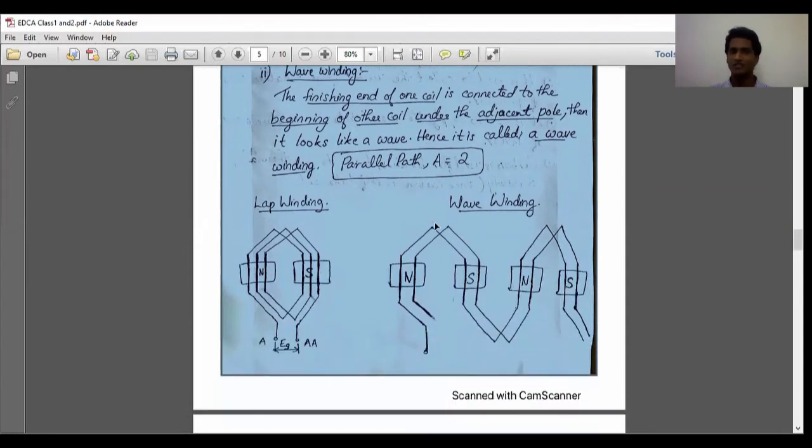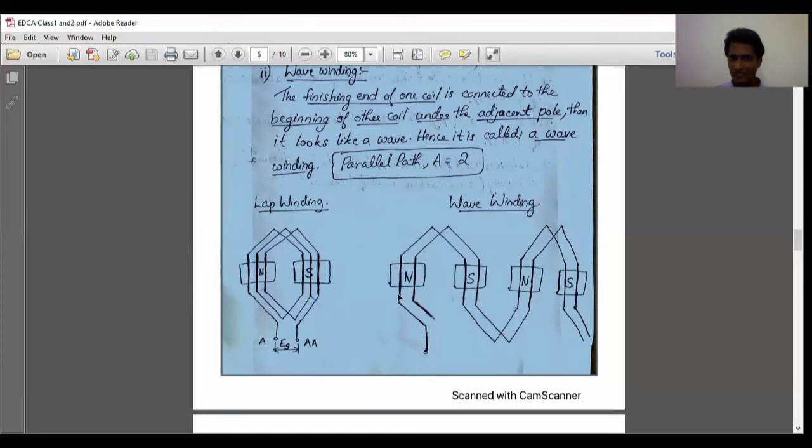Let's have a look at it. Consider a 4-pole machine: north pole, south pole, north pole, south pole. Consider a coil. The beginning end of this coil is this point, and this coil completes at this conductor. These two conductors together constitute a coil, and the finishing end of this coil is this point.